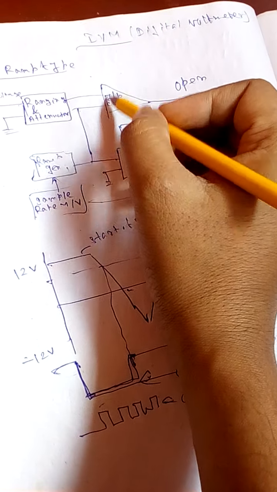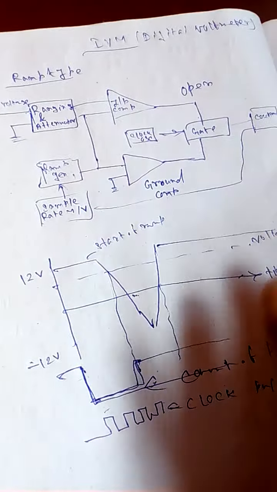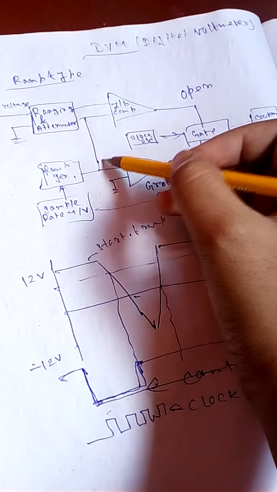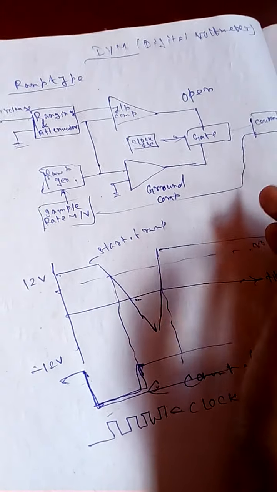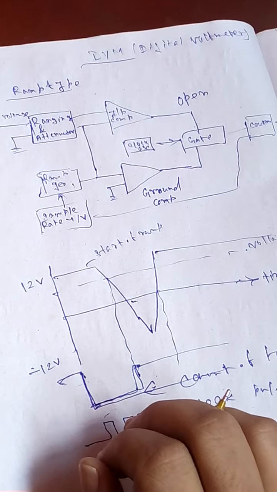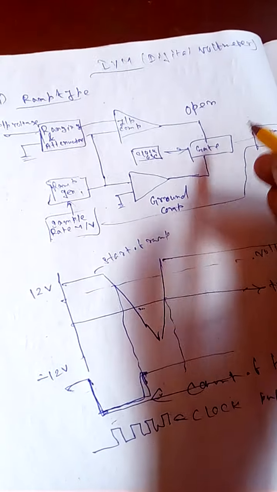The comparator's function is to compare the two input signals. When the positive going voltage is greater than the negative going voltage, the gate is open, the counter starts counting, and the second comparator generates a start pulse. The counter continues to count. The second comparator compares the two signals, and when V negative reaches the ground level, a stop pulse is generated.